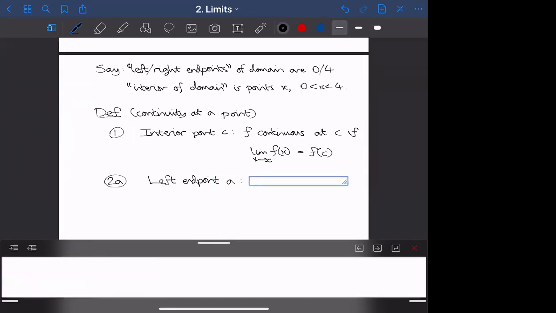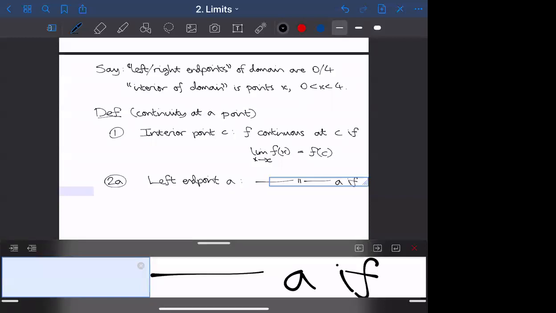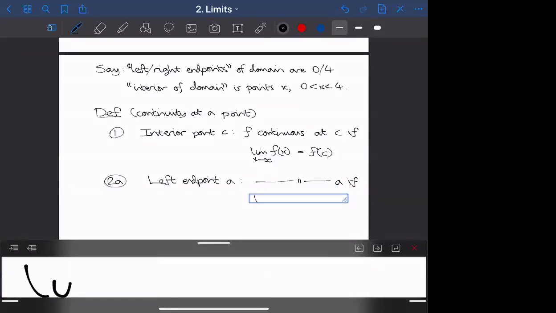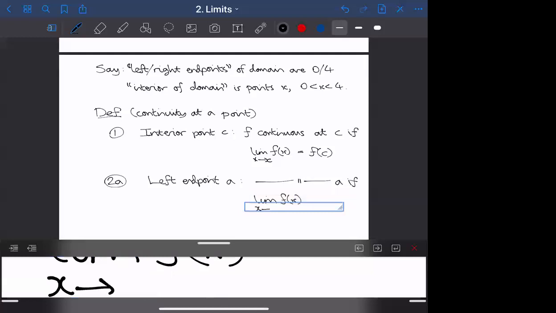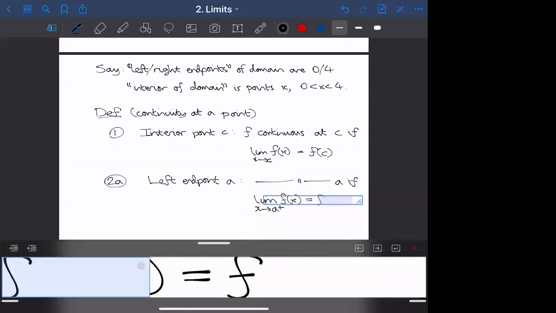So if I have a left endpoint a, say f is continuous at a if the limit of f of x as x goes to a from the right is f of a.